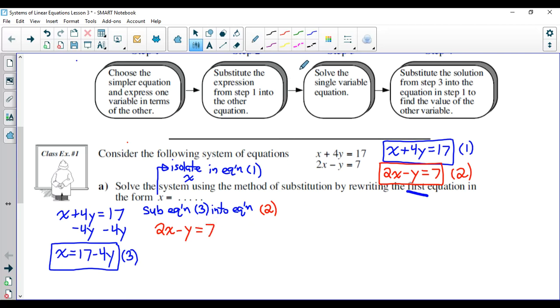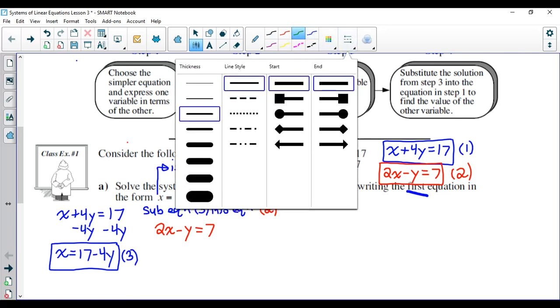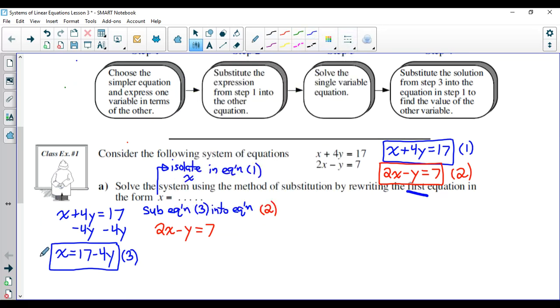Now, the idea here is, and I'll show this in a different color, I want to take this value of x and throw it into the other equation in the place of x. So I'm going to rewrite equation 2, the red equation, except in the place of x, I'm going to write down the expression that x is equal to, which is 17 minus 4y.